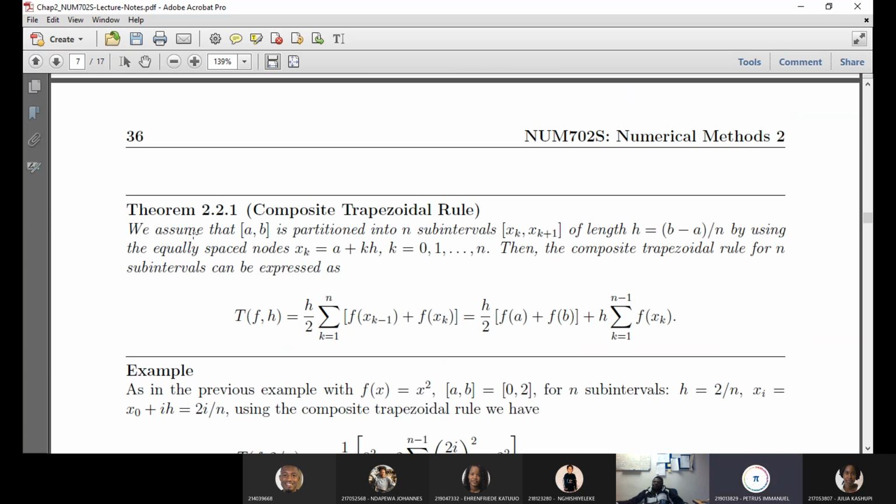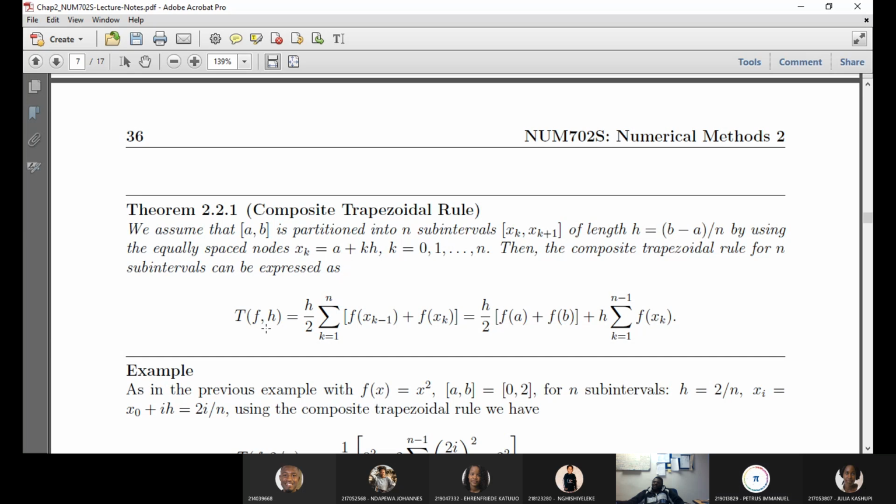Okay, so the composite trapezoidal rule goes as follows. We take our interval AB, we partition it into subintervals x_k, x_{k+1} of length h, which is (b minus a) divided by n. So you can see that if n becomes very large, we can reduce our h. Right? So we assume that the points of the partition are equally spaced. So x_k will be written as a plus kh.